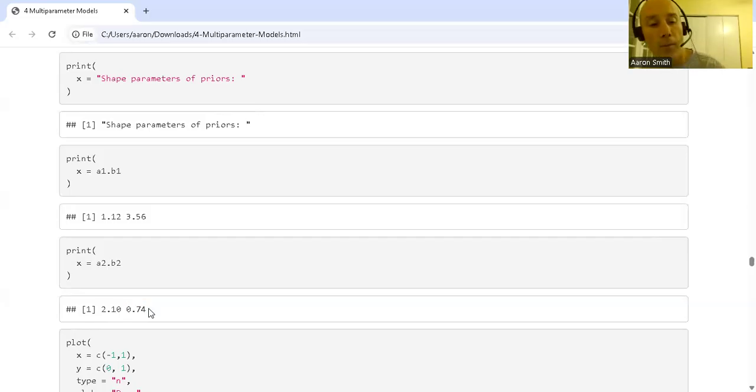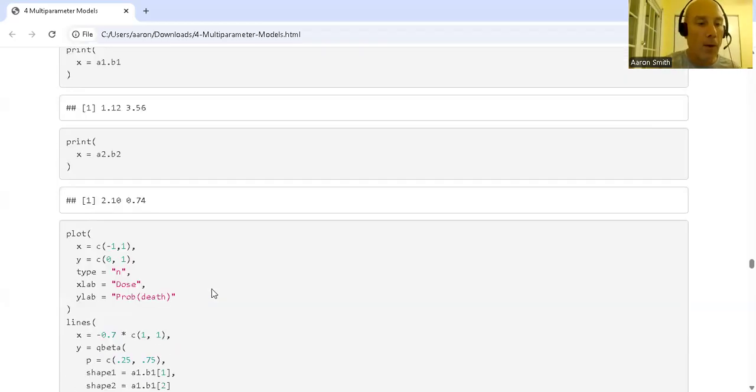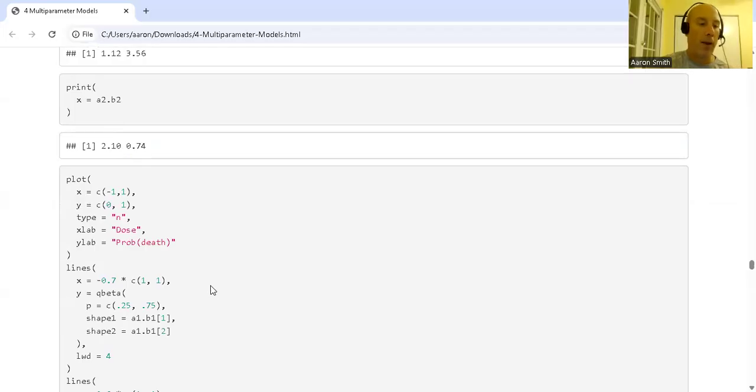Now, the larger the ratio of alpha to beta, the more likely there is to be a success. In this case, a success is death, which I don't know how that's a success, but that's just how statisticians talk about it. All right, and so now let's go ahead and visualize this.